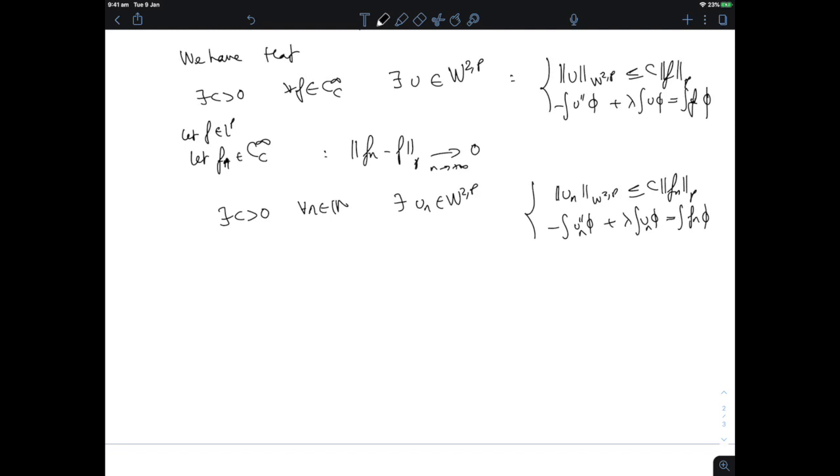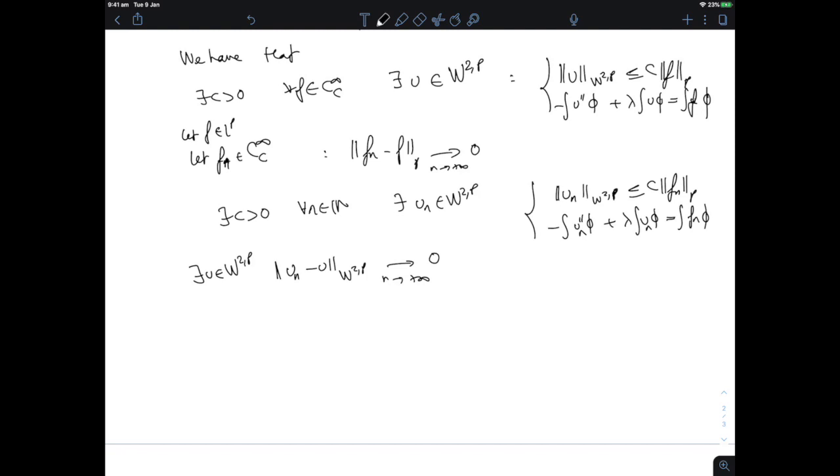Okay, but now Un forms a Cauchy sequence in W2P, and W2P is complete. Well, we haven't quite shown that, but it follows from the completeness of LP. And so what we get is that Un has to converge to something. So there exists a U in W2P such that the W2P norm of Un minus U tends to 0.